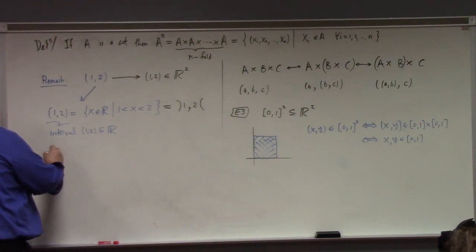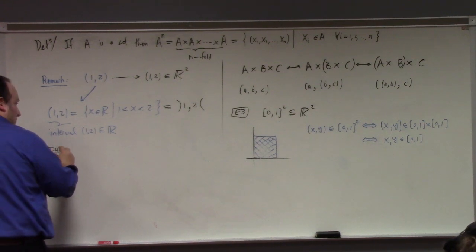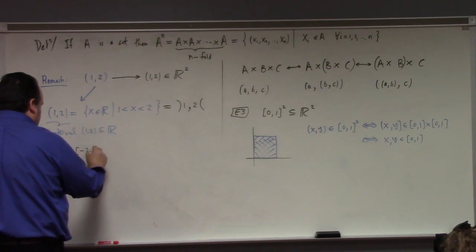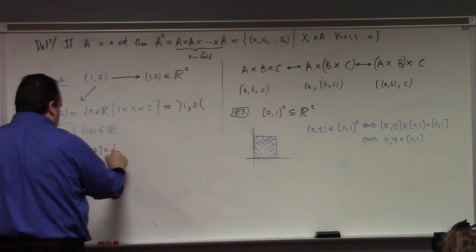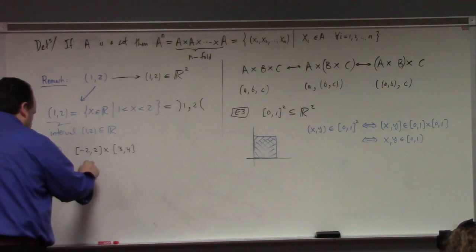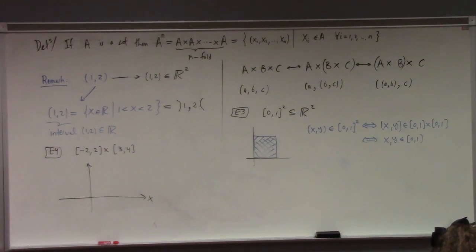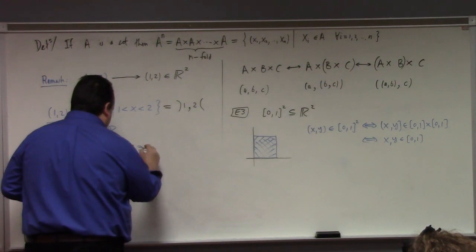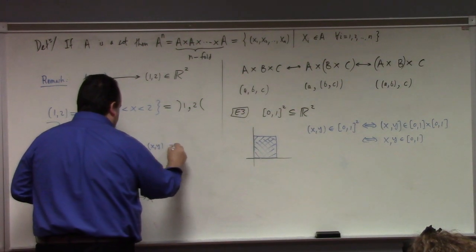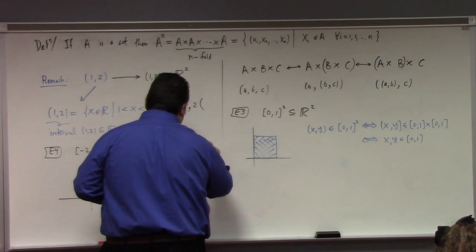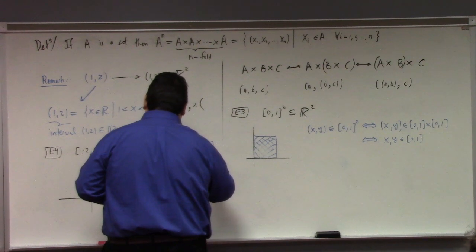Example 4, let's make something a little bit more interesting. What if I had, like, I don't know, [-2, 2] Cartesian product with, say, [3, 4]? What would that look like? Let's graph it. That means that if (x, y) is in this set, it implies x is an element of [-2, 2] and y is an element of [3, 4].